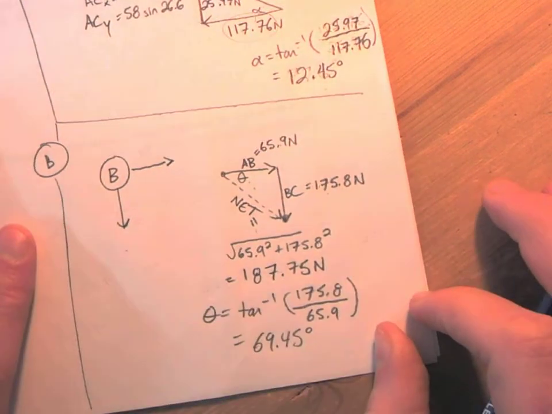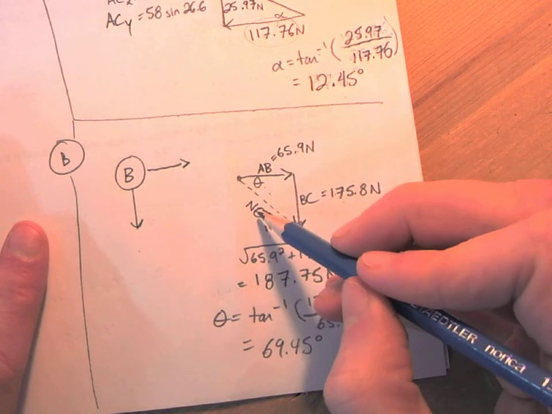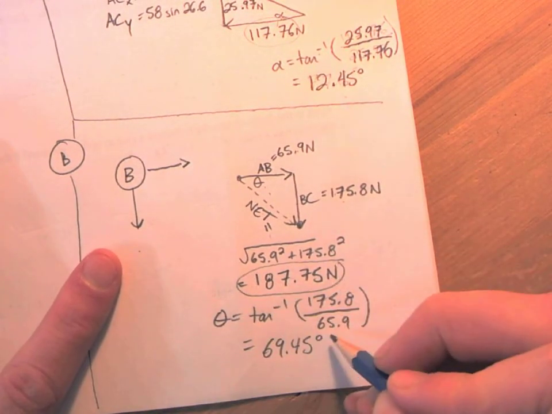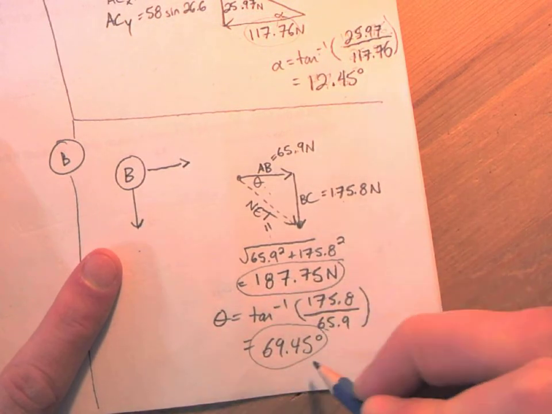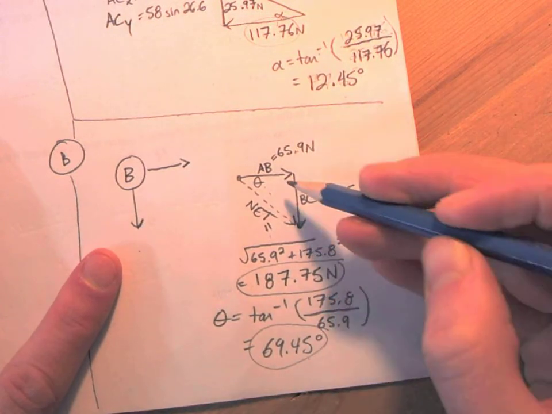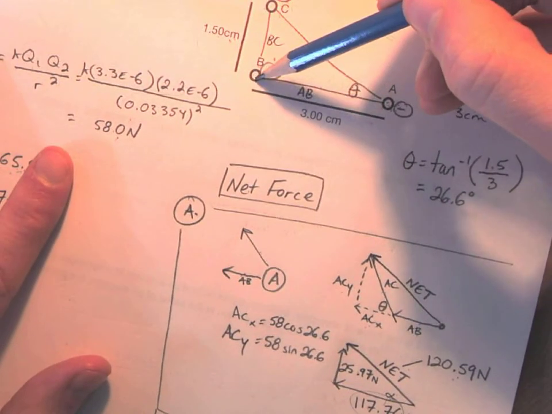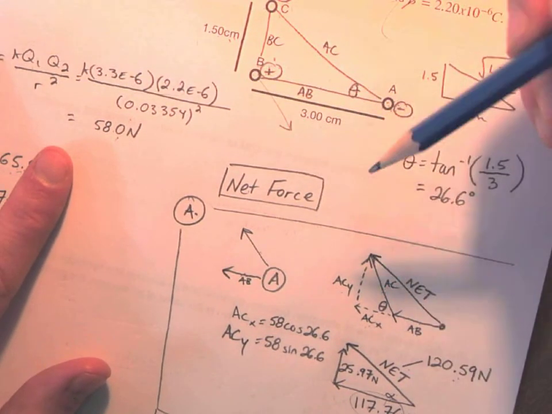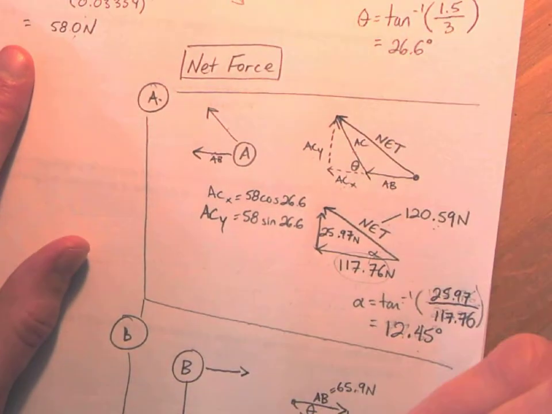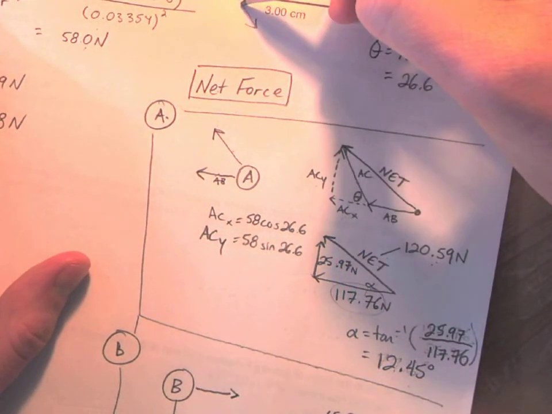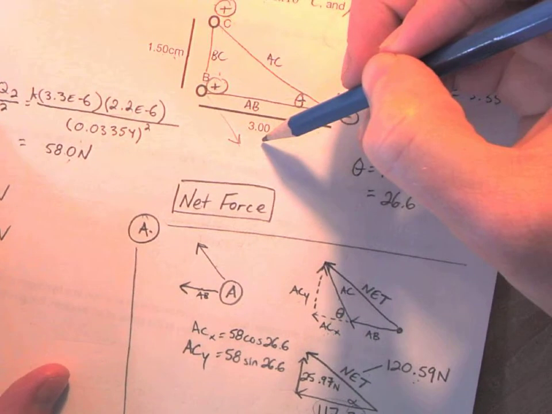So overall our net vector is 187.75 newtons at an angle of 69.45 degrees, kind of downward. So let's take a look at our picture. B is going to go down that way initially at 69.45 degrees at a magnitude of 187 newtons there.